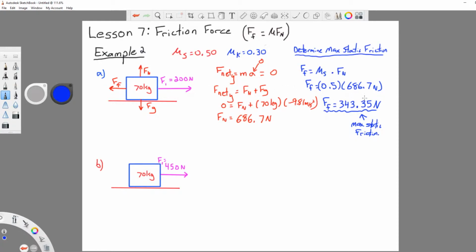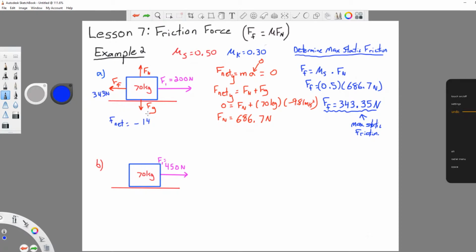But if we added a force of friction of 343 newtons to this side, the leftward side would have a greater force than the right side, meaning that force net here would come out to be negative 143 newtons. Well, this block would be accelerating to the left.